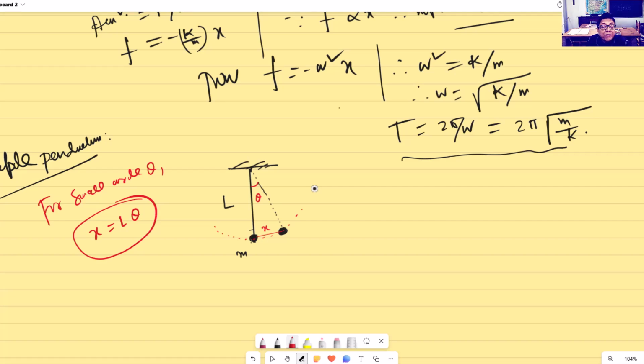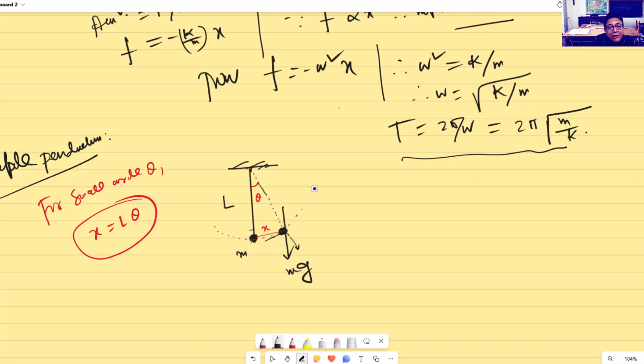That you can write. But here, as I told you, every time you have to calculate the restoring force. What is the force acting on the mass? That is mg acting vertically down. So the restoring force you have to calculate. A component of mg is going to be the restoring force.